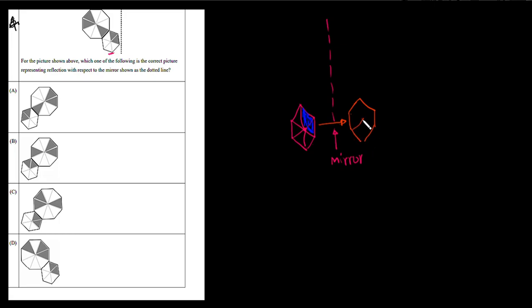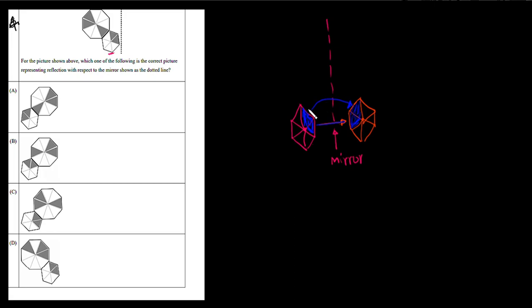So now again let's connect all these points. So this shaded portion will be reflected in this way. So it is nothing but our shaded portion. This will be reflected there, and this will be reflected here.